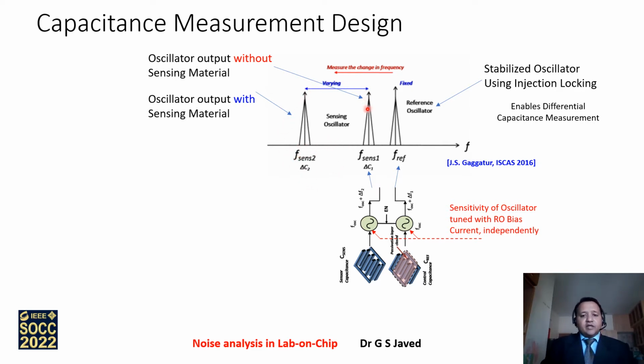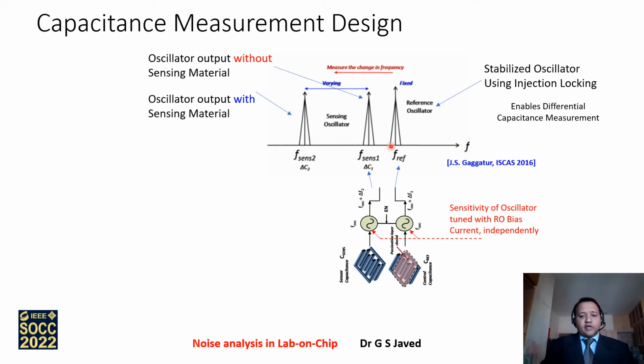In this figure, the triangle which represents the center frequency and its phase noise skirt of fsense1 is the oscillator output without the sensing material. But along with the sensing material, the output becomes fsense2, which directly correlates to delta C2. So the difference between these two frequencies essentially gives the difference between the two capacitance values. So the delta C that you identify between these two is the capacitance measurement.